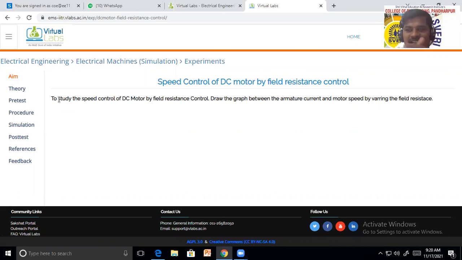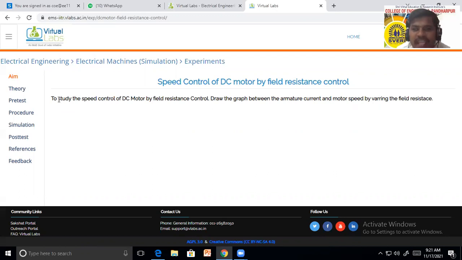Just varying the field resistance, the resistance connected in series with the field, we are varying the speed of the machine. Either it may increase or it may decrease. You will see by performing this practical.